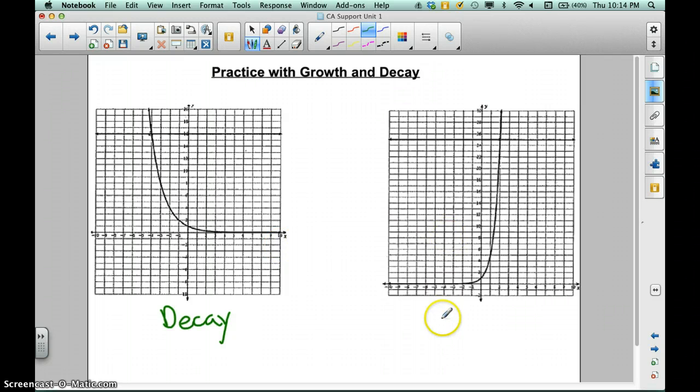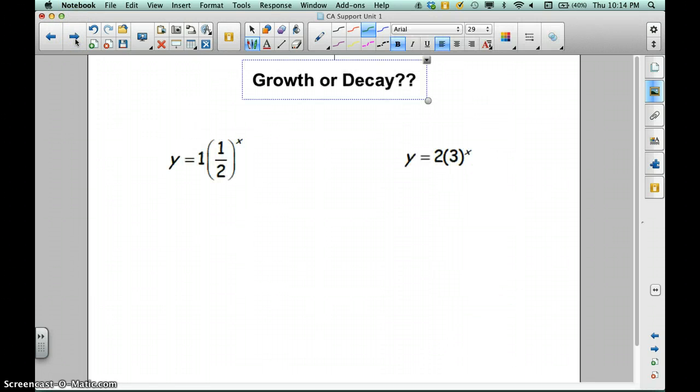The graph on the right is growth. As x increases, as I'm walking along the graph, x is increasing, and what's happening? The height is also increasing. And so that's growth. On the next screen is the example of what the different equations look like.